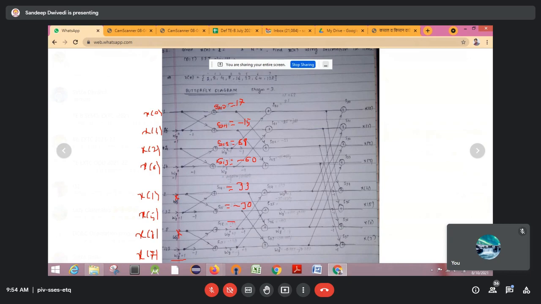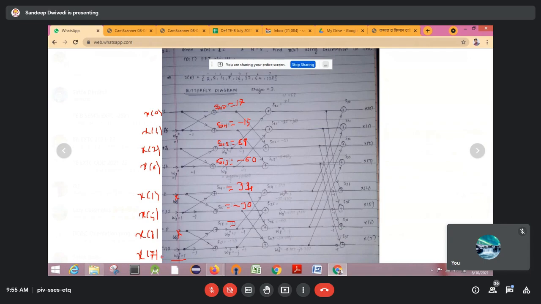Then x1 of 5 is 34. This is x1 of 5, and it is 34. So x of 1 is 2, plus 32, so this will be 34. Then this one plus this one: this is x of 3 and x of 7.